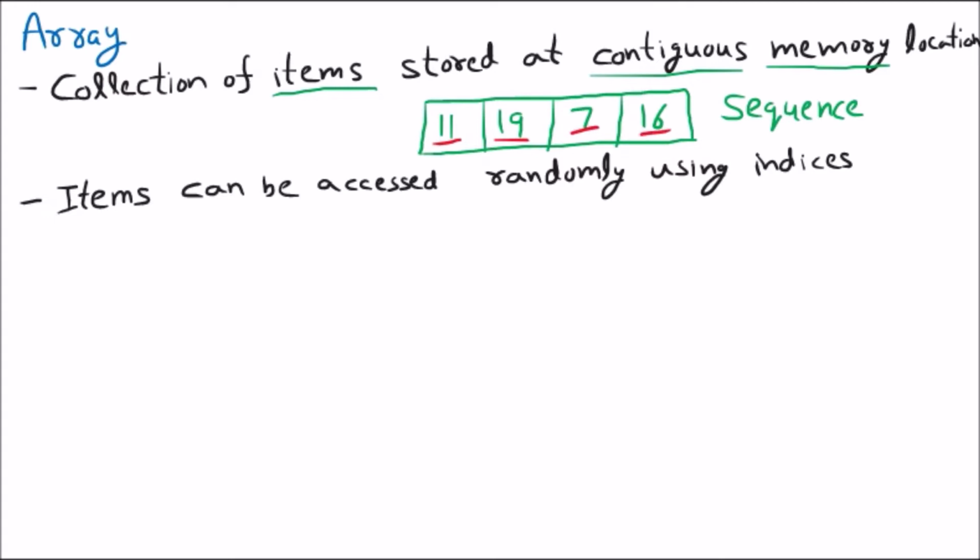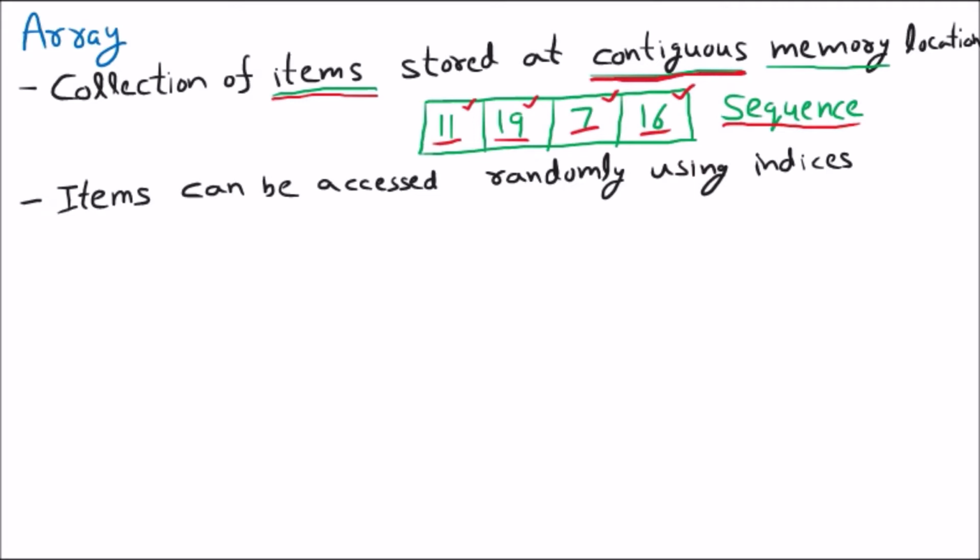So these are the multiple elements, and they are stored into the contiguous memory. Contiguous memory means the memory in the sequence, one after the another. So 11, 19, 7 and 16 are in sequence in the memory location.